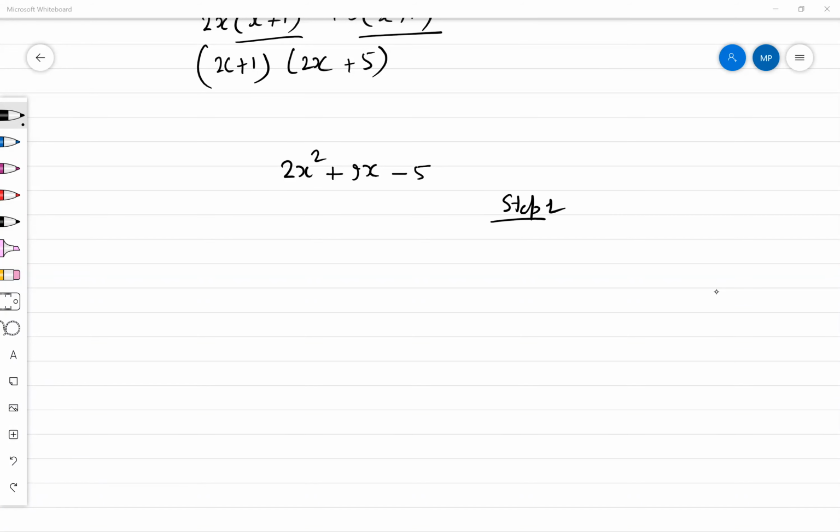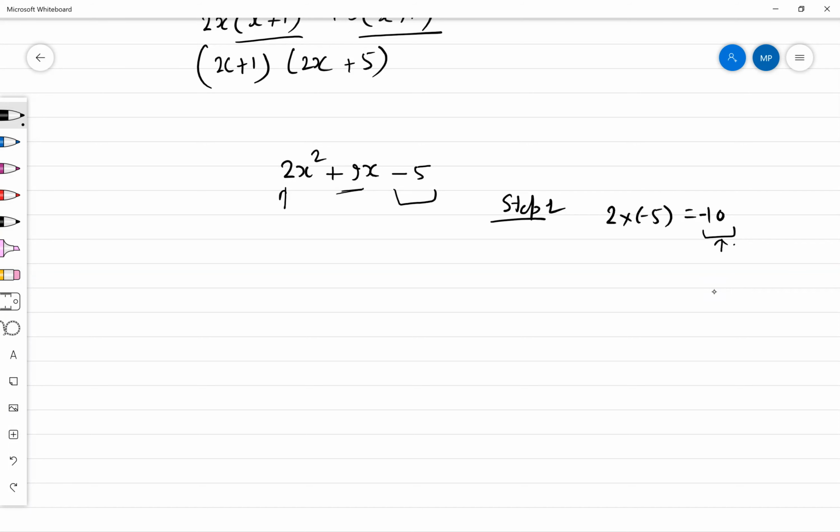So step one, for those who could not, is the multiplication of the constant term and the coefficient of x square. So this gives me 2 into minus 5, and I get minus 10. Then next step, I have to make the factors of minus 10 so that I can get this plus 9.